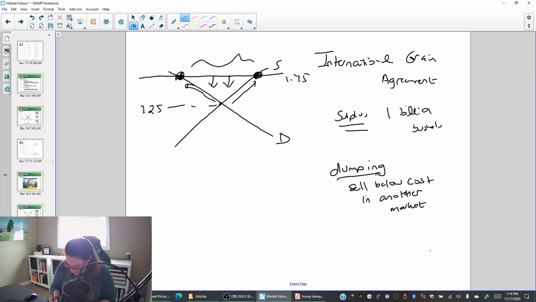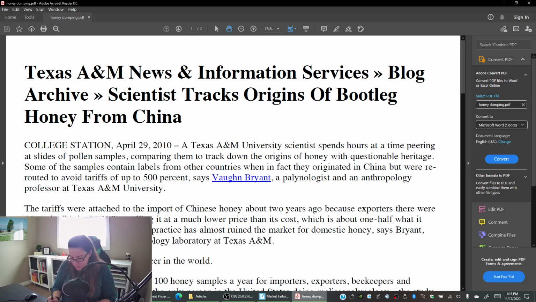In fact, we've been having some challenges over the last decade or so with honey. Honey has been appearing in the US and Canadian market for super cheap. And so Texas A&M University actually took some of this honey that was showing up so cheap and DNA tested it to figure out where it was coming from.